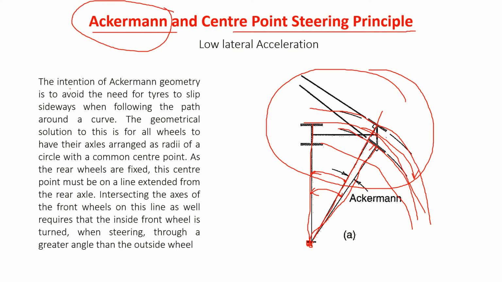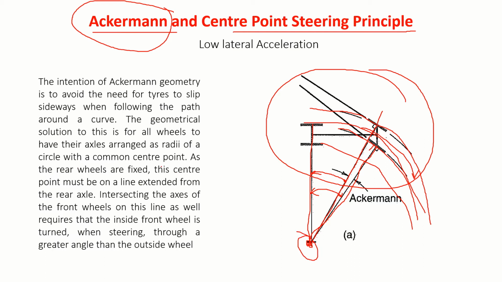So here I have written the intention of Ackermann geometry or Ackermann steering principle, which is to avoid the need for tires to slip sideways when following the path around a curve. The geometrical solution to this is for all wheels to have their axles arranged as radii of a circle with a common center point.